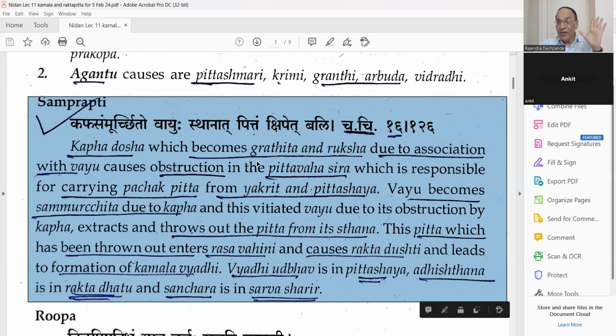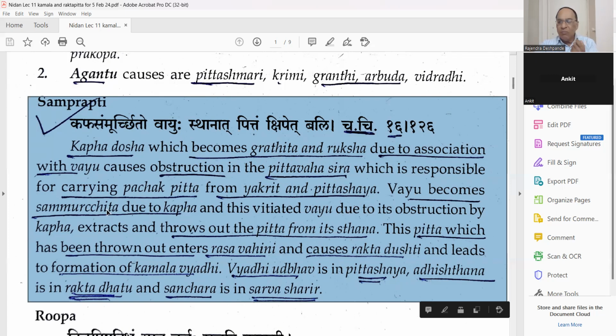There will be no softening, only hardness, due to association with Vayu, and this particular grathila, solidified, hard Kapha will obstruct the pitta vaha sira, which carries the pachaka pitta, the bile. So bile cannot go into the intestine, into the duodenum, from the yakrut and pittashaya. Pittashaya is the gallbladder, where the bile, secreted by the liver, is stored.